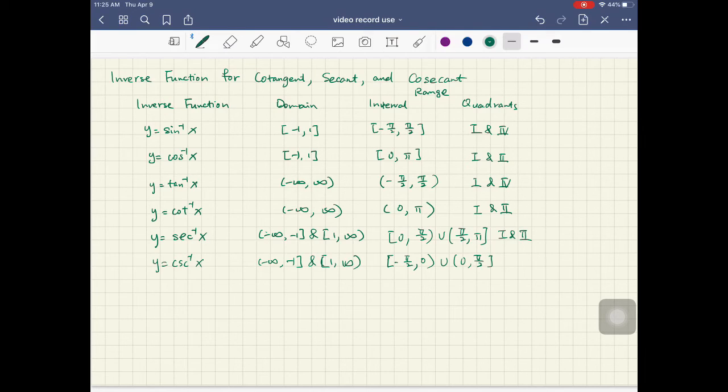Same thing, 0 is the asymptote. In terms of quadrant, it's going to be quadrant 1 and quadrant 4. You can see it's very similar to the corresponding sine inverse and cosine inverse. Okay, so here are the summaries, and then I'm just going to do a couple of examples.